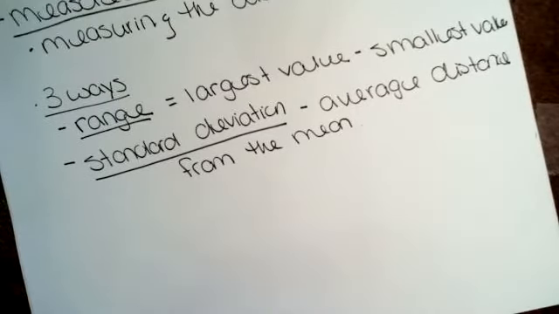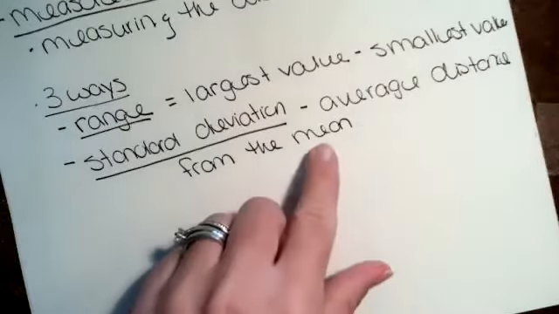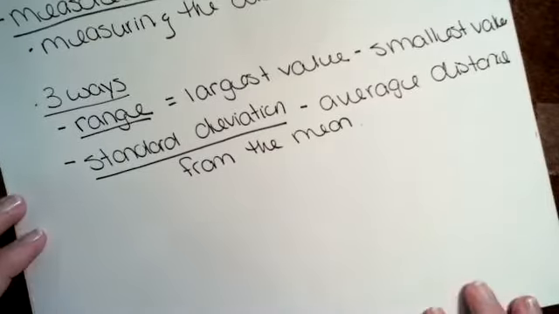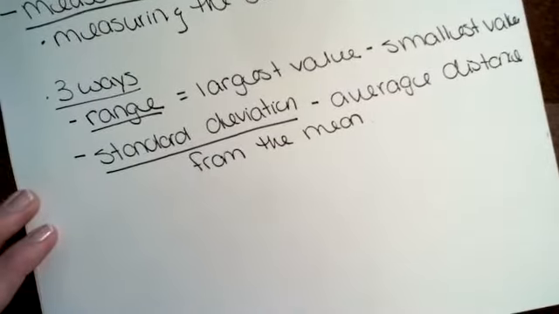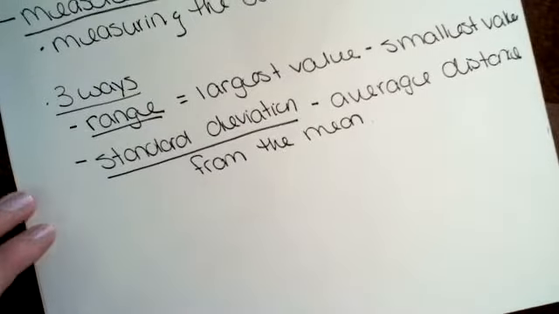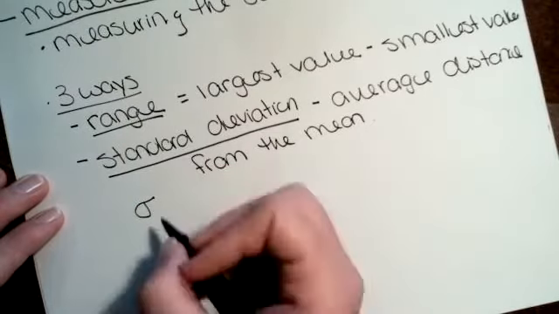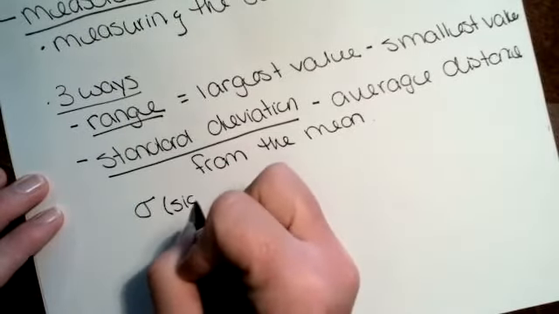But all it is, it's just calculating how far away the data values are from the center. So from the average, from the mean. So it's that average distance all the data values are from the mean, okay? So let me show you some notation first, and then we'll get into the calculation. So for the population, it looks like this, and this is our Greek letter sigma.